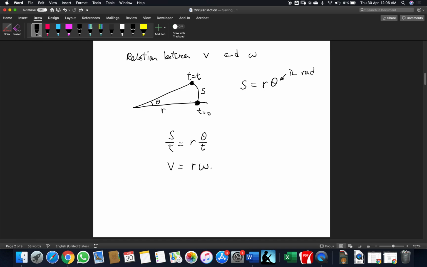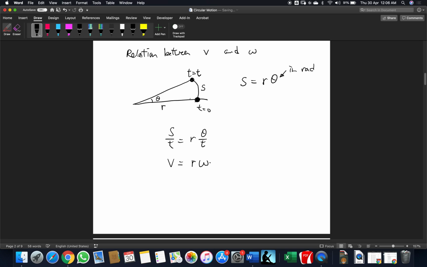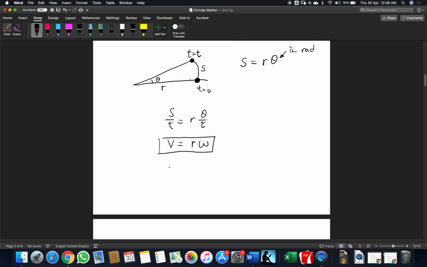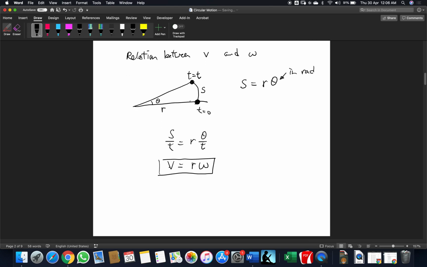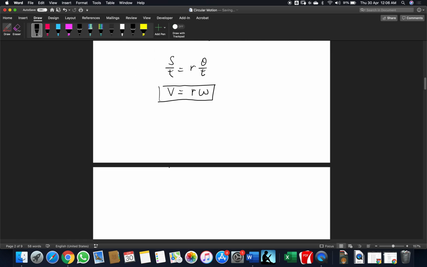So v equals r omega. That's the formula for the relation between the angular speed and the speed of the object in a circular motion.